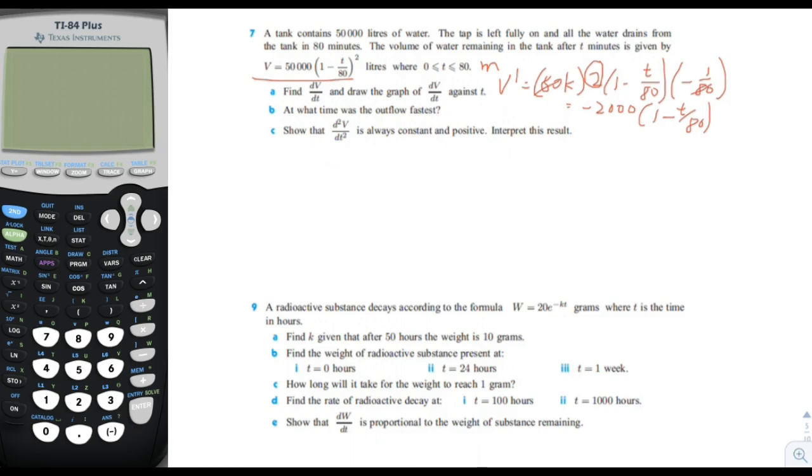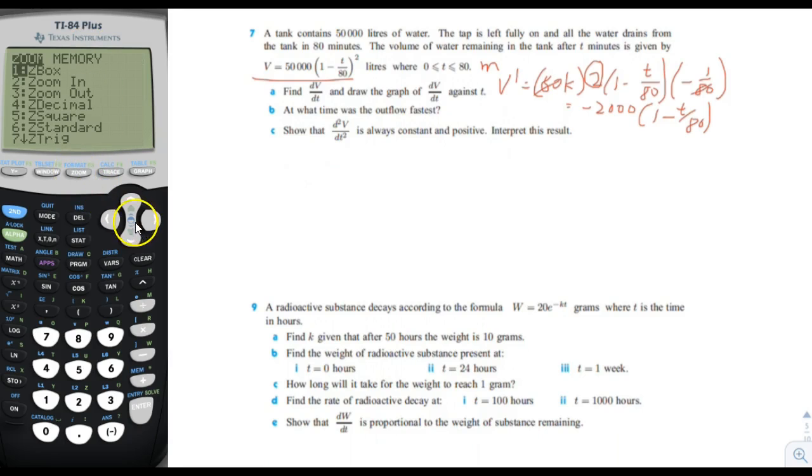And then it says to draw a graph of that. This is actually a straight line. Let's do it on the calculator. So let's clear these out, and then we're going to type the function in: negative 2,000 times (1 minus x, because it's a calculator, divided by 80). And then we'll graph it, and we're going to have to adjust the height here.